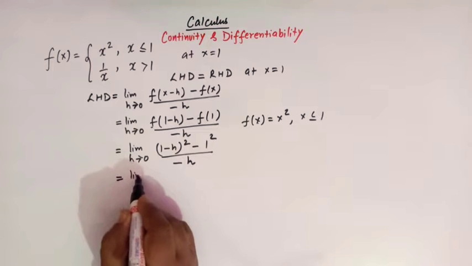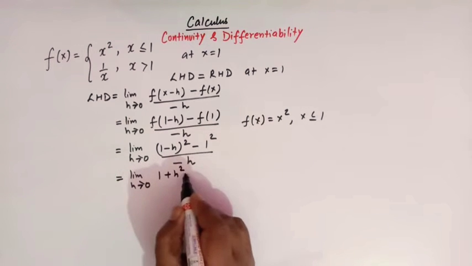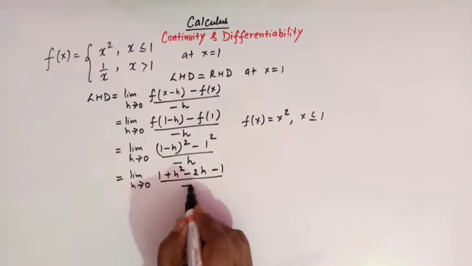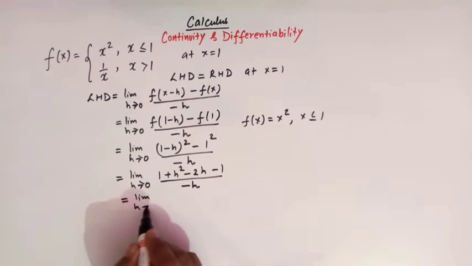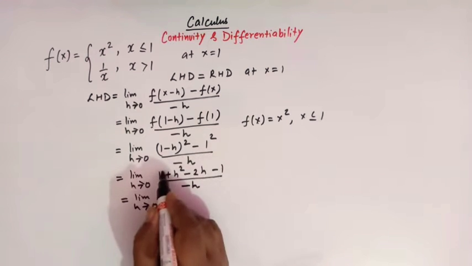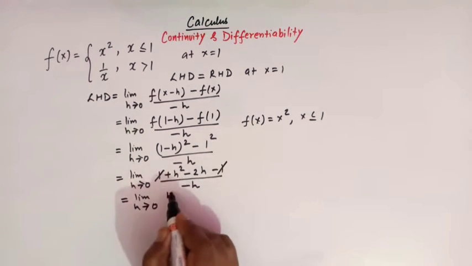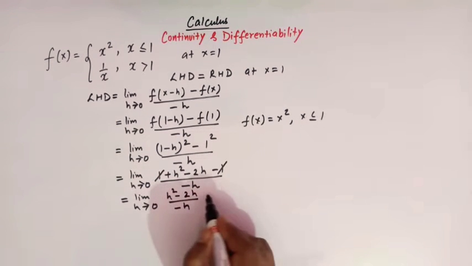So now this is limit h tends to 0. Here we have 1 plus h square minus 2h minus 1 over minus h, and this is limit h tends to 0, and this one gets cancelled, and we have h square minus 2h over minus h.